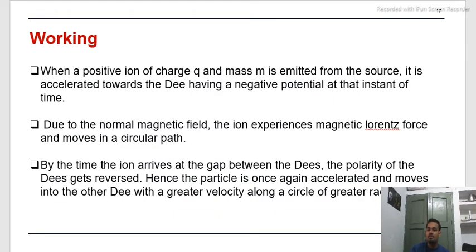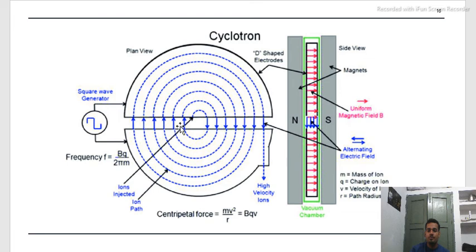When a positive ion of charge q and mass m is emitted from the source, it is accelerated towards the D having a negative potential at that instant of time, because the ion is positive, so it accelerates towards the negative potential due to the electric, or you can say Coulombic, force. Now due to the normal magnetic field, the ion experiences the magnetic Lorentz force and moves in a circular path, which we already showed you. The path is circular, or you can say spiral, in nature.